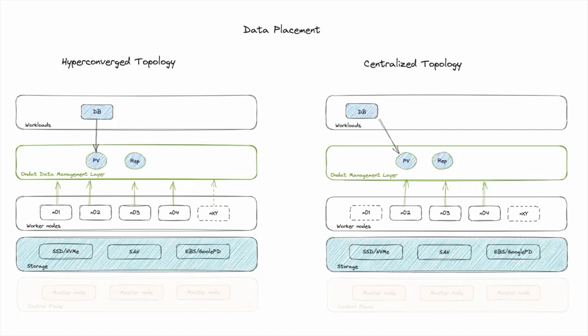In that case, we use HyperConverged topology. That is the default mode, and it's as simple as placing data in the same nodes where we run applications. Why? Low latency. Aside from being simple, it also gives us the capacity to run applications really close to their data.